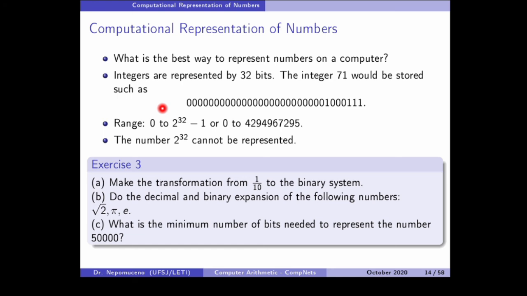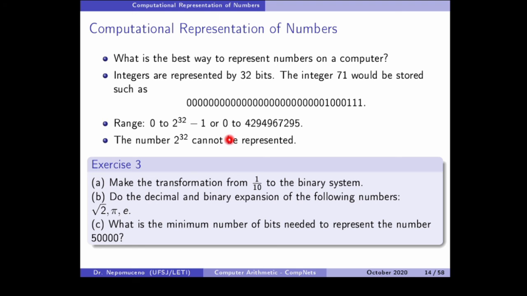The integer 71 would be stored like that. In this way you can represent numbers from 0 to 2^32. The number 2^32 itself cannot be represented, because you have to start from 0.